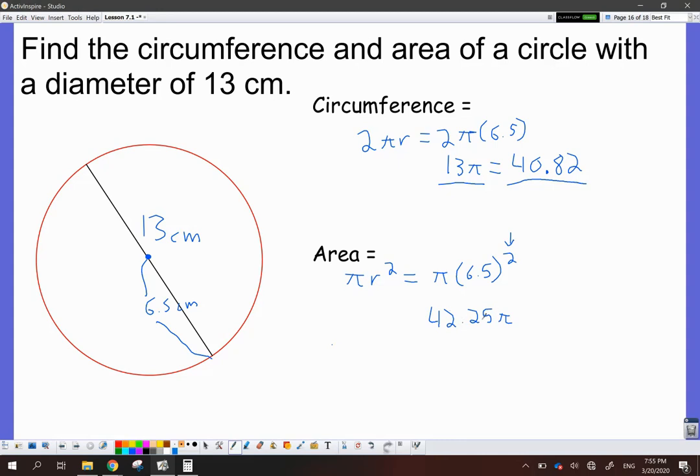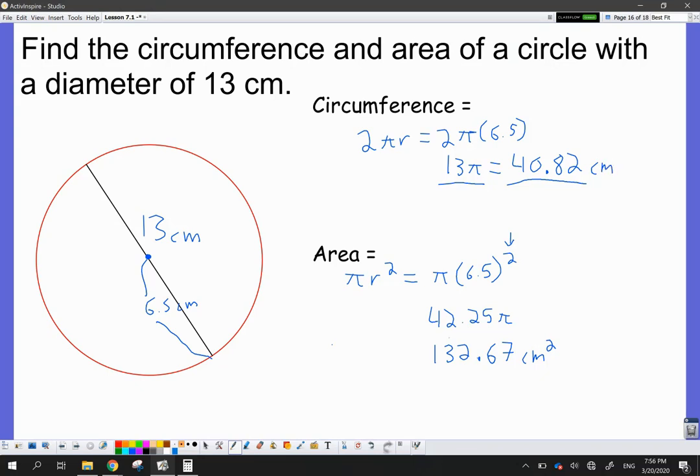Again, this is my answer in exact form, but if I want the approximated decimal, which is what you'll need for Google Forms, then I'll have 42.25 times 3.14, which turns out to be approximately 132.67. We'll round it to 67. And this is in centimeters, so my area is in centimeters squared. My circumference is just in centimeters.